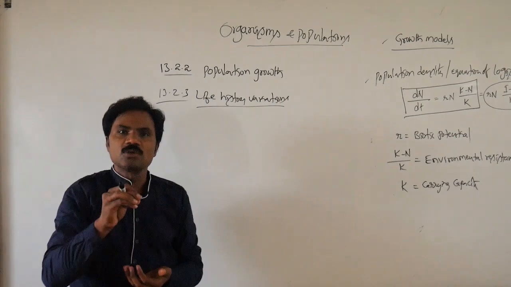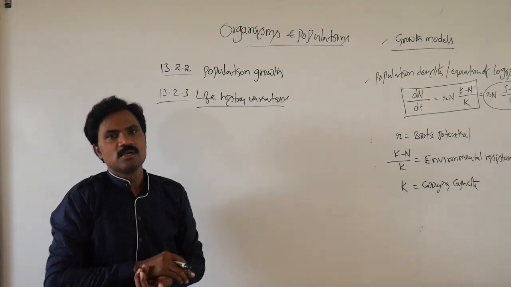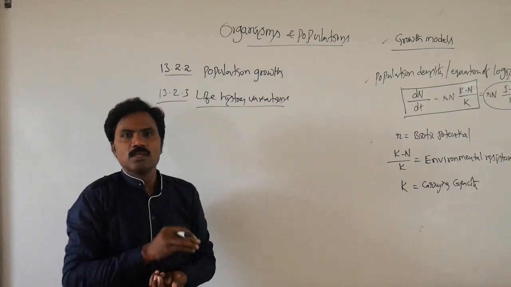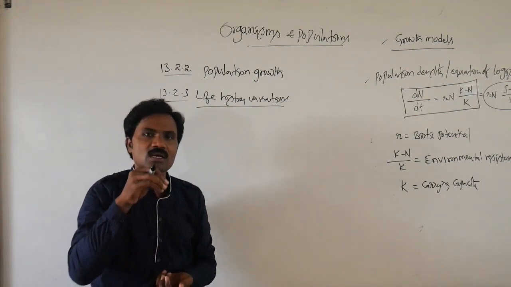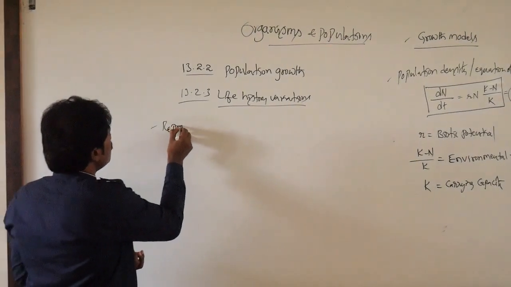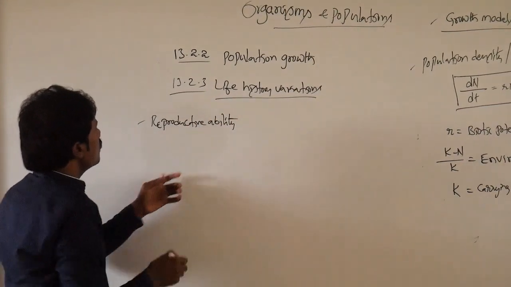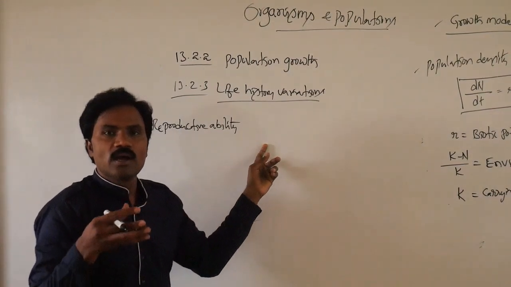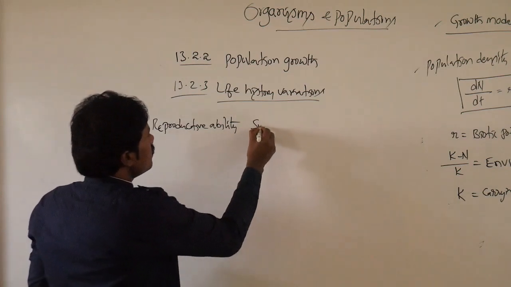It depends upon natural selection, Darwin's natural selection, survival of the fittest, that means biotic potential, reproductive ability of the organism, maximum or minimum. The reproductive ability of the organism, whether it increases or decreases, depends on survival of the fittest.